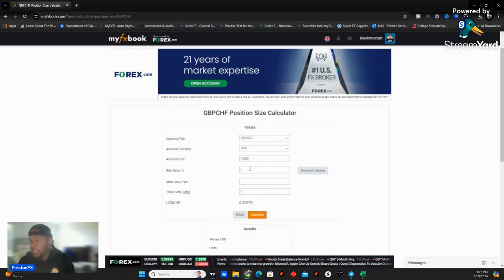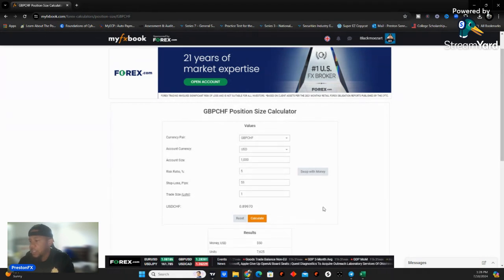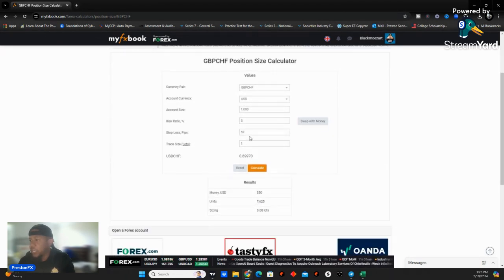If you risking up to 5%, 59, that'll give you a $50 trade. If you're a big boy, whatever you want to risk something else, that's $100 on a $1,000 trade. But if you're brand new starting off, I wouldn't suggest putting $1,000 in. But if you do put $1,000, you can risk 1%. That's $10.